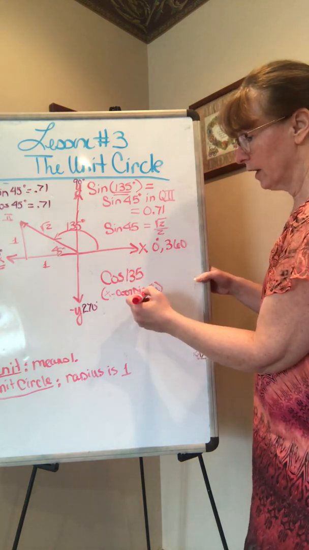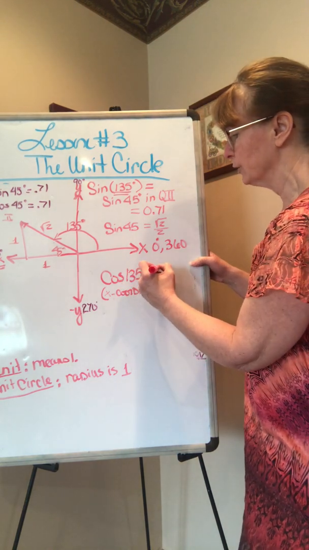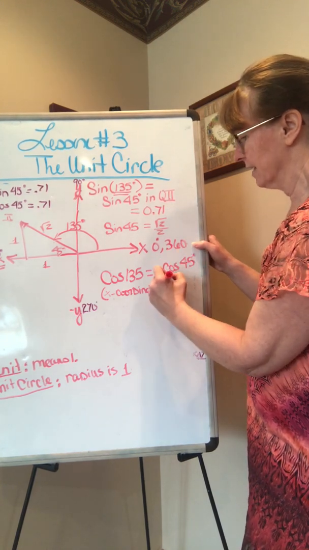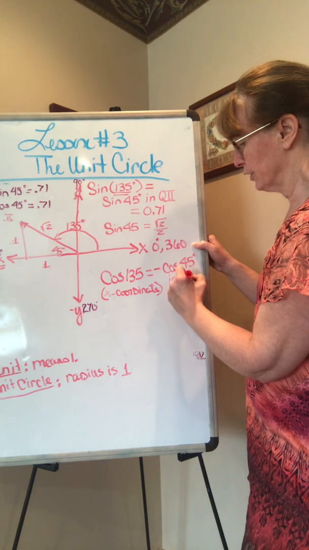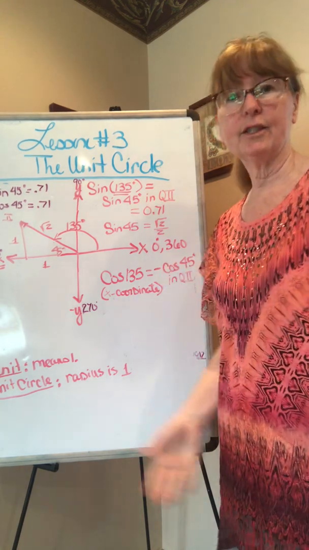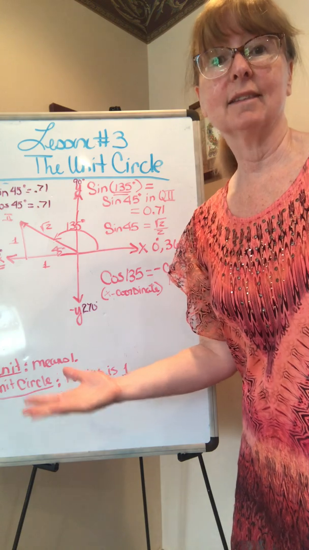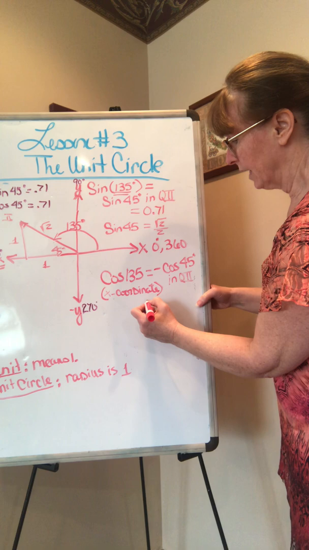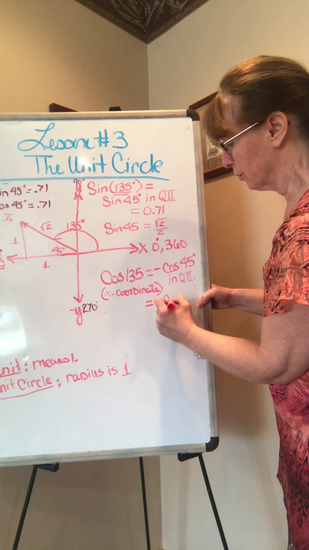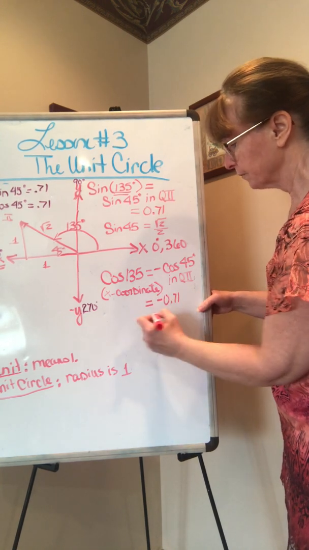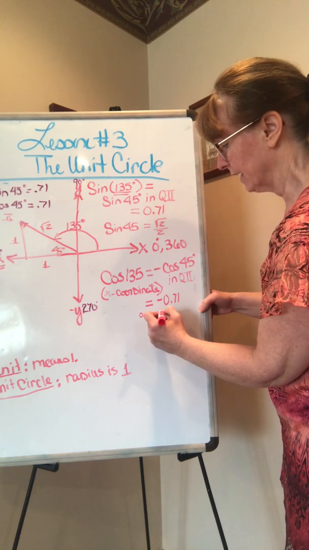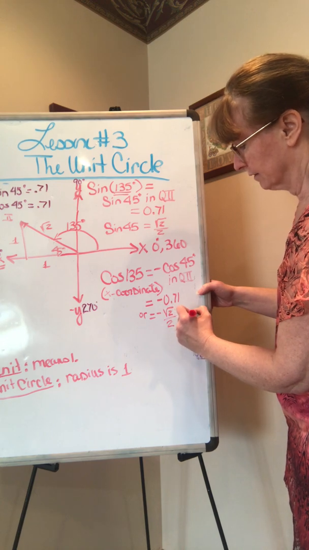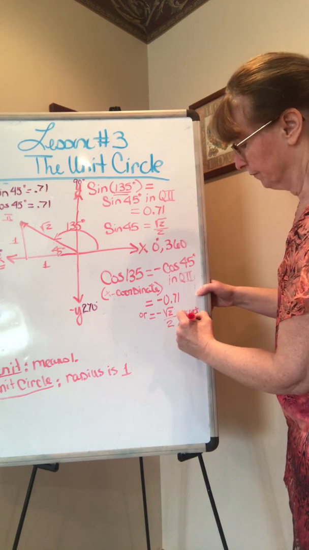So the cosine of 135 degrees is equal to negative cosine of 45 degrees in quadrant 2. Now you have to pay attention to the sign of your axis. Is it positive? Is it negative? It's super important. And so this would end up being negative 0.71 in decimal form, or negative rad 2 over 2 in exact value form.